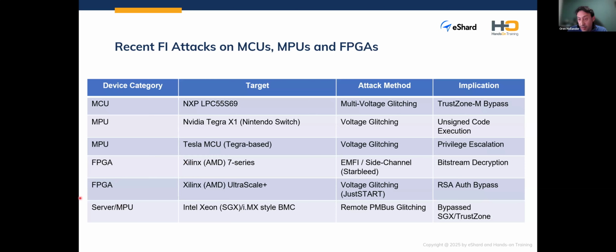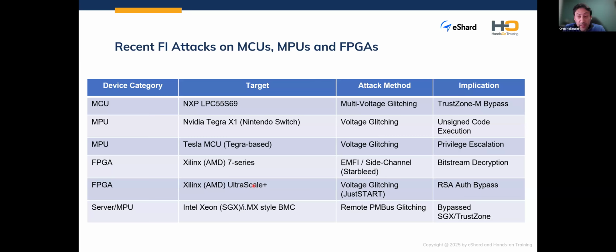Same thing for another Xilinx FPGA, the UltraScale Plus, which is even newer. It was found vulnerable to the Just Start attack, which uses fuzzing to find undocumented commands in the hardware state machine that effectively bypass the RSA authentication entirely.